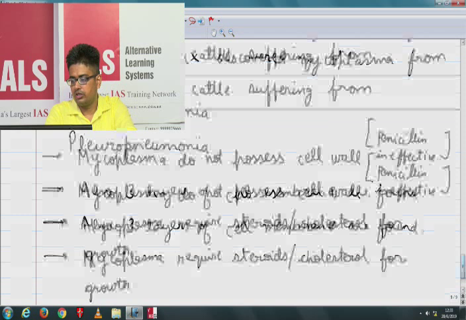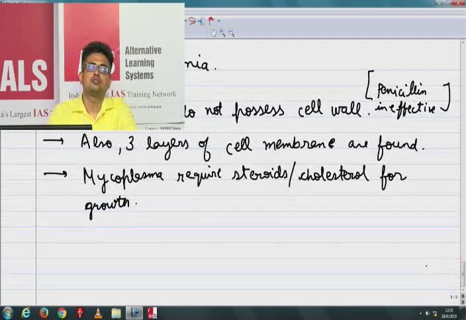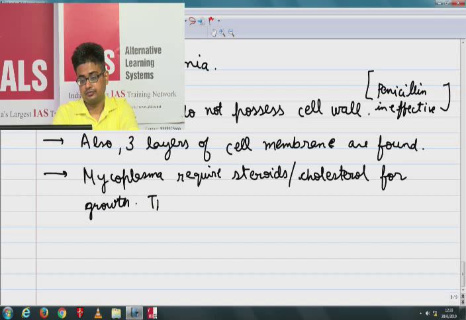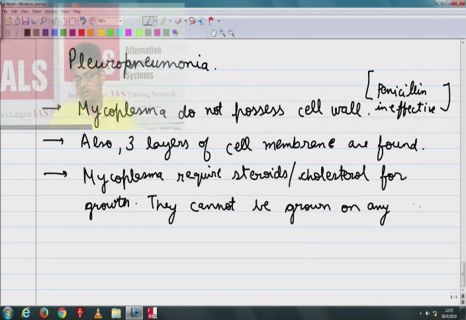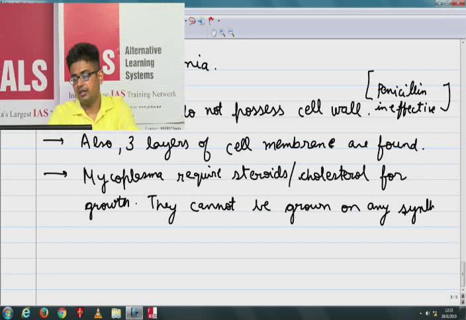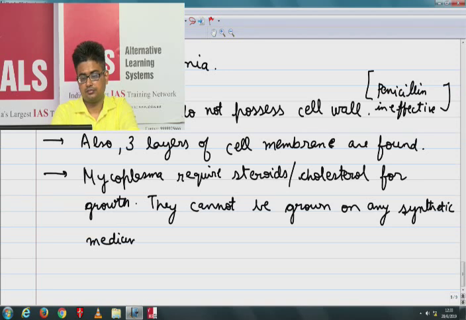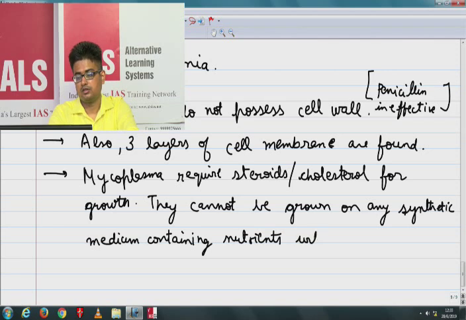They cannot be grown on any synthetic medium containing nutrients without adding cholesterol.